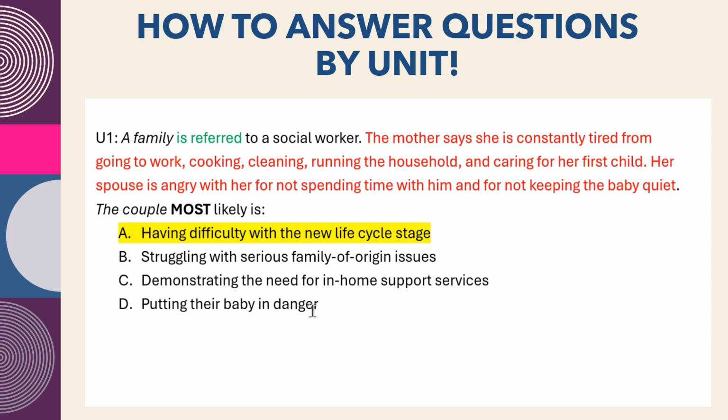And remember, I told you when you have a most question, a couple of them could be correct, but you have to prioritize them by level. And so this one would be more important, or more likely, than C. And then putting their baby in danger, I don't see anything in here where they're putting their baby in danger. So it would definitely be between A and C.